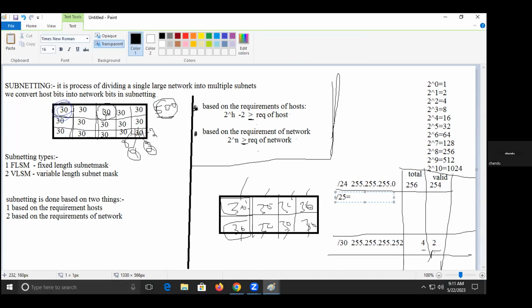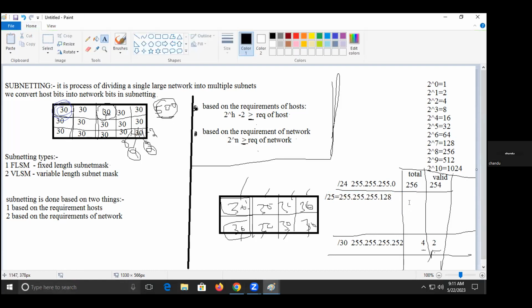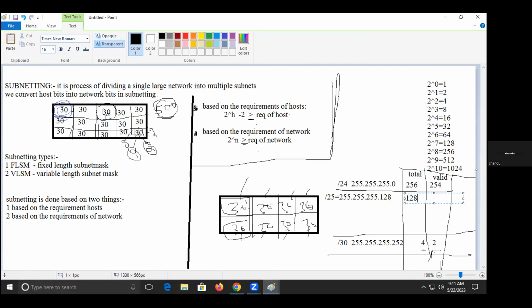So the slash 25 subnet mask will be 255.255.255.128, and the total IP addresses will be 128. Valid will be 126. So if you do subnetting with a requirement of 100 or 110 hosts, you get slash 25 and that subnet mask.